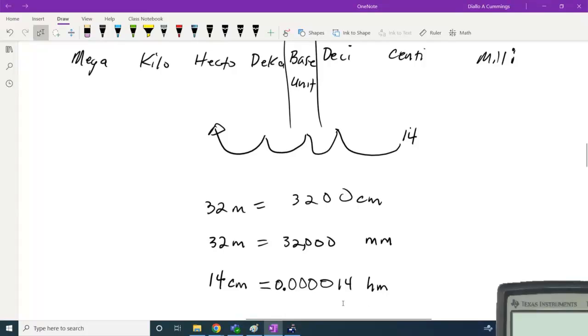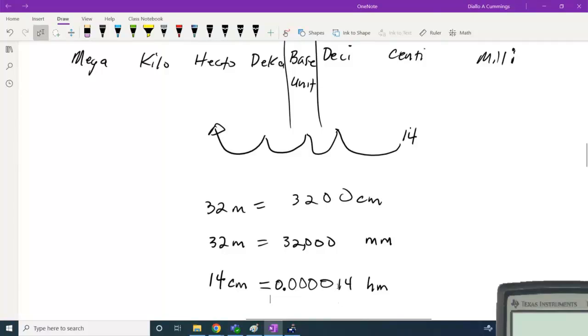So now this is how you would actually read this. First off, I would have to find the decimal place for my last number. If I start at my decimal, I have tenths, hundredths, thousandths, ten-thousandths, hundred-thousandths, millionths, and then ten-millionths.